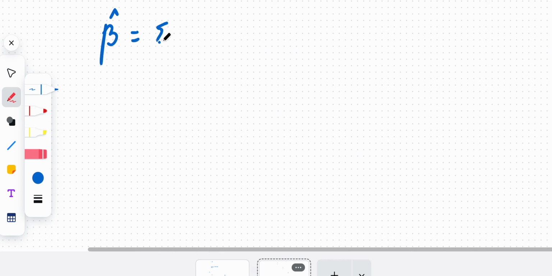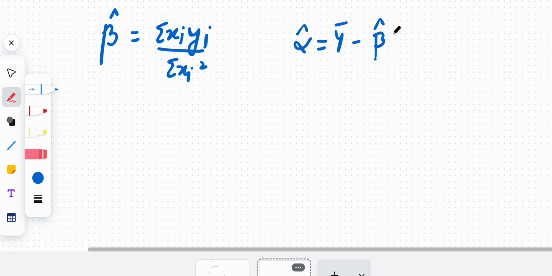Beta is summation xi yi upon summation xi square. Alpha is y bar minus beta x bar. R square xy is beta, right, this is yx, right? So yeah.